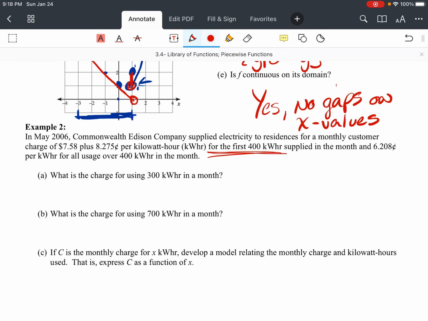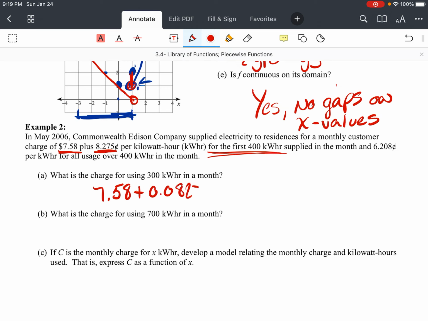Okay, so notice that this is actually underneath that first 400 kilowatt hours. So the way we can calculate this is by simply saying we have a base charge of $7.58 plus we need to convert this to dollars, right? We can't have two different signs.